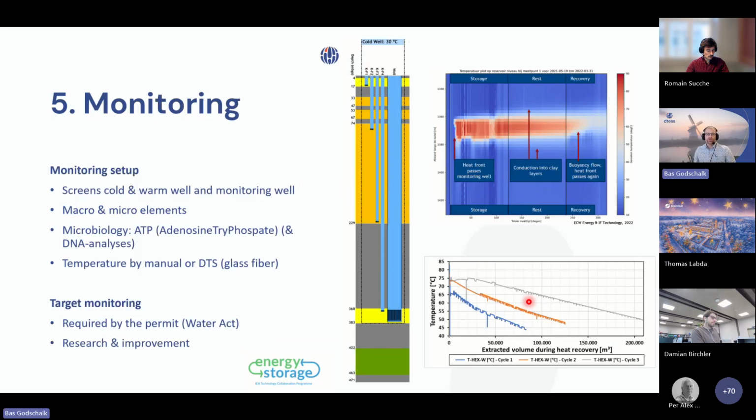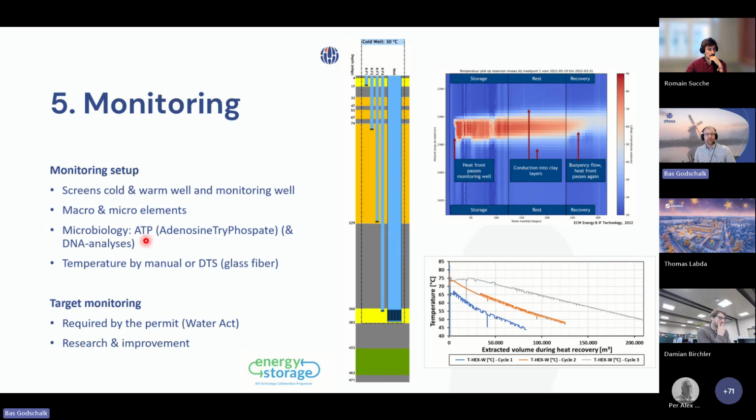Monitoring is, of course, an important point. The test drilling has been completed and finished as a monitoring screen. That was nice because then you can make use of all the screens. We installed fiber optic cables for temperature measurement. Here you see a screenshot of the results. We analyzed the macronutrient elements of the chemical composition.